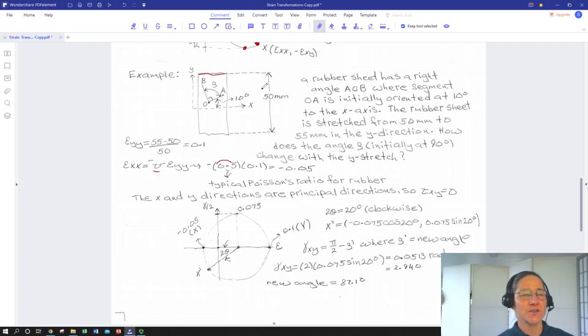So we're going to stretch it in the Y direction, and we're going to take this reference dimension in the Y from 50 to 55 millimeters. We've marked a coordinate system of interest where we have a direction A. This would be like the X prime axis here, and B, which would be like the Y prime.